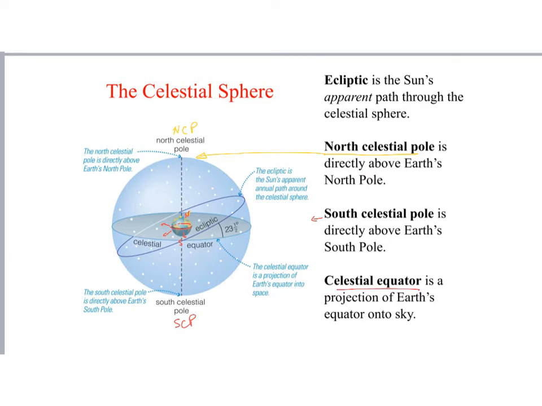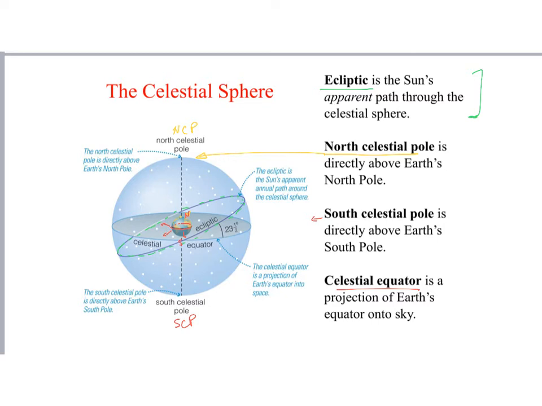Another very important element of the celestial sphere, which is going to help us understand some other important things, is the ecliptic. The ecliptic is this path, which, as this definition says, is the sun's apparent path through the celestial sphere.